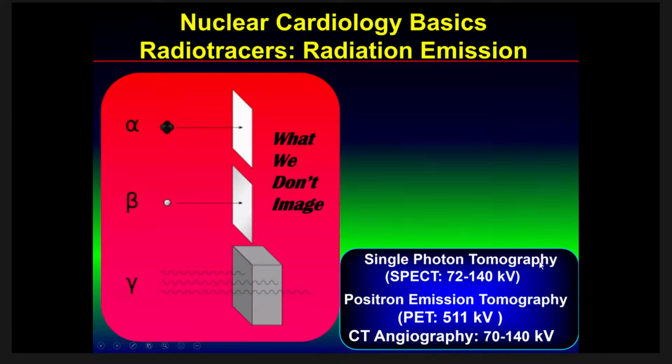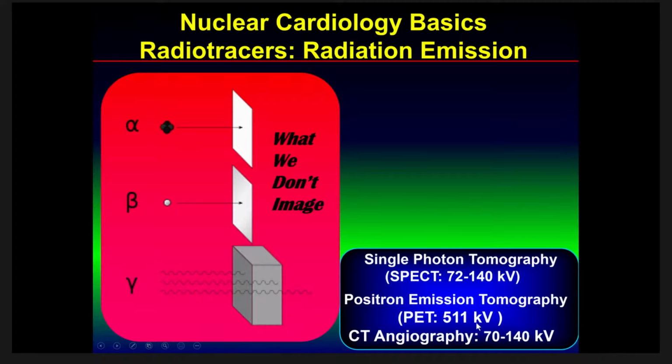With single photon tomography, our radiotracers range in energies from 72 keV, which is thallium, up to 140 keV, which is technetium. With positron emission tomography, we always get 511 keV, independent of the radiotracer that's being used. And compare that to what we use in CT angiography, which is anywhere from 70 to 140 keV.